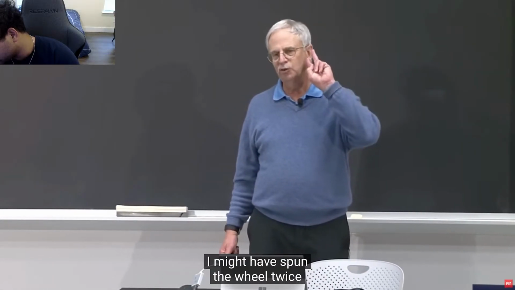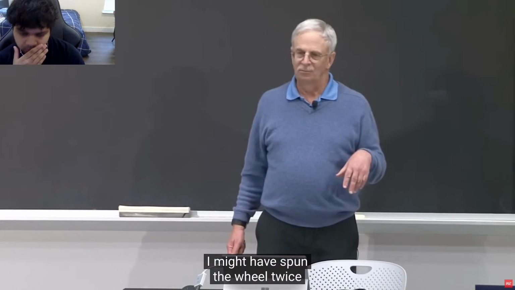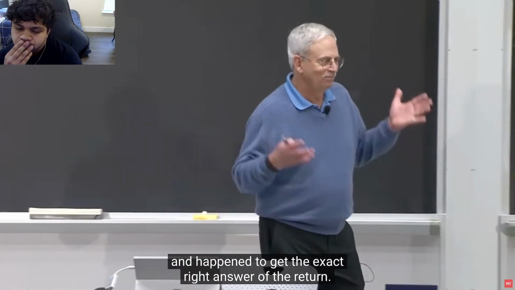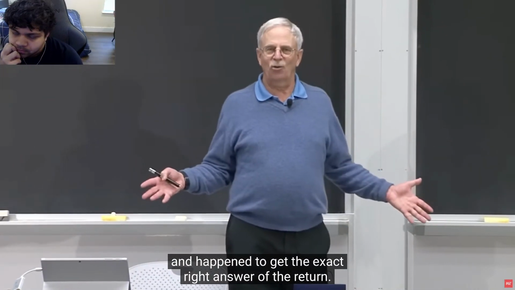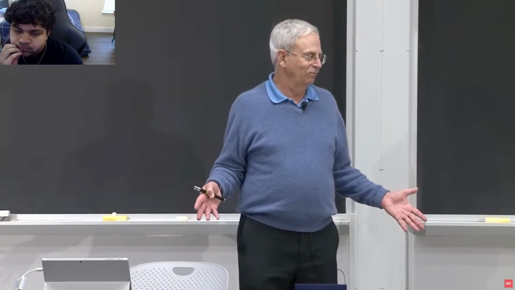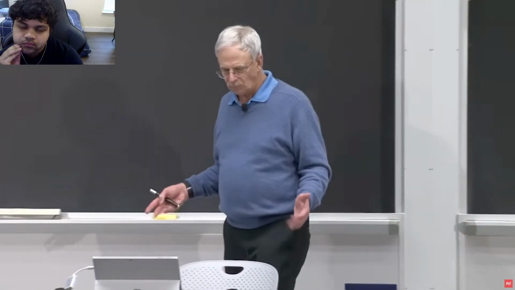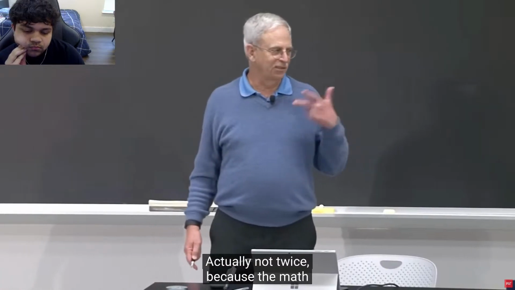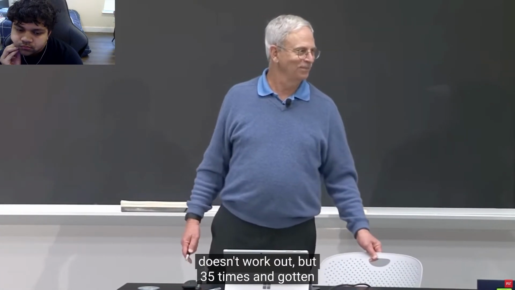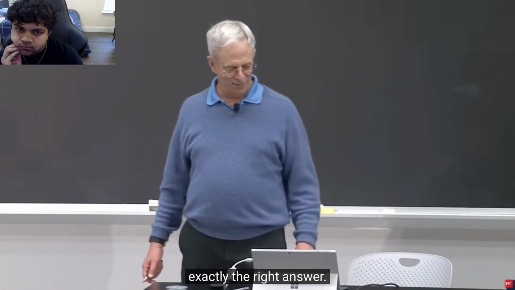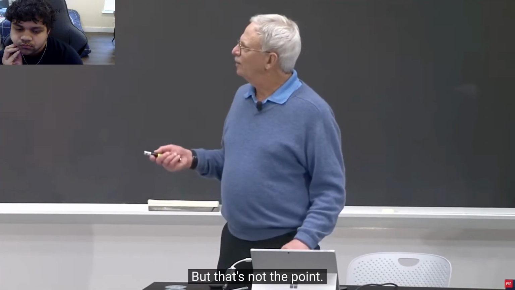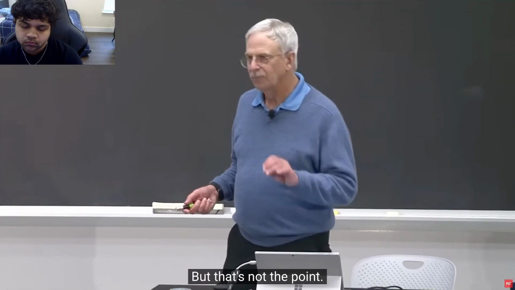I might have spun the wheel twice and happened to get the exact right answer for the return. Actually, not twice, because the math doesn't work out, but 35 times and gotten exactly the right answer. But that's not the point.